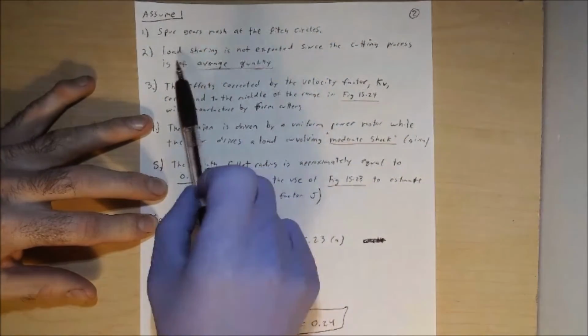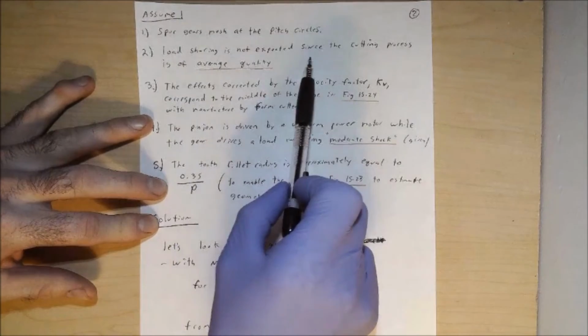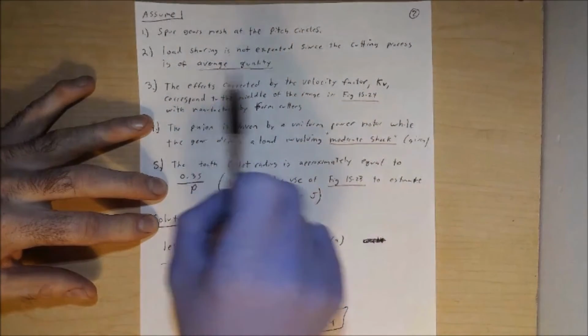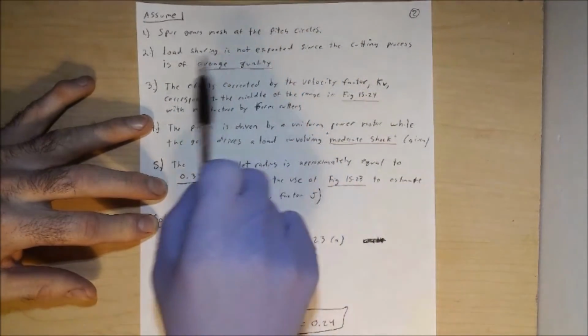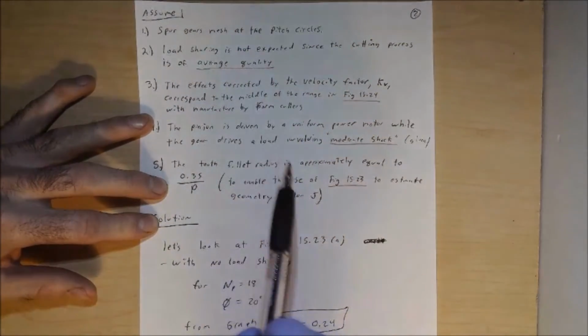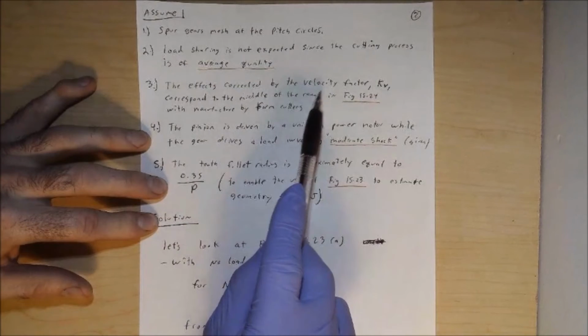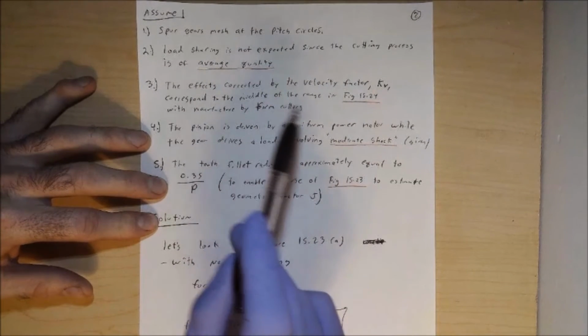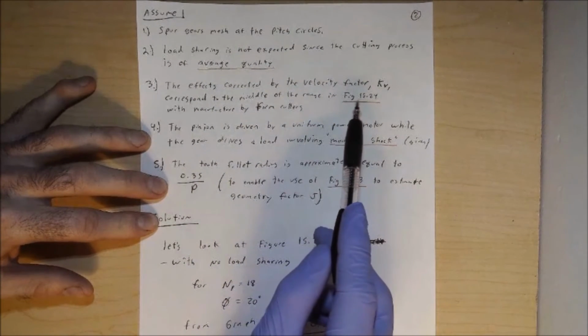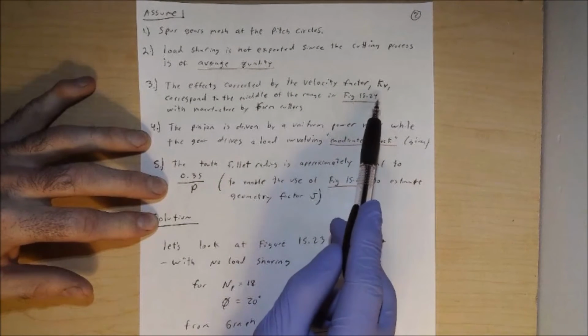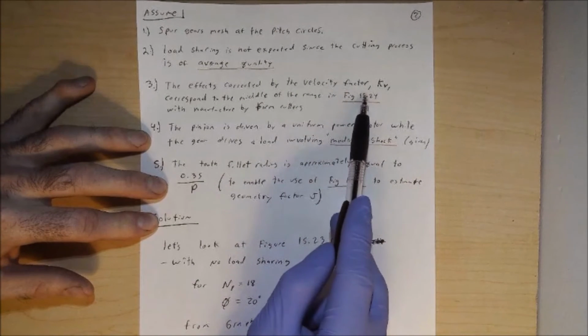Second, we assume that load sharing is not expected since the cutting process is of average quality. So this assumption comes from the fact they told us it was average quality. Third, we're going to assume that the effects corrected by the velocity factor K sub V correspond with the middle of the range in figure 15.24. So that's going to become important when we go to 15.24 to look this up.